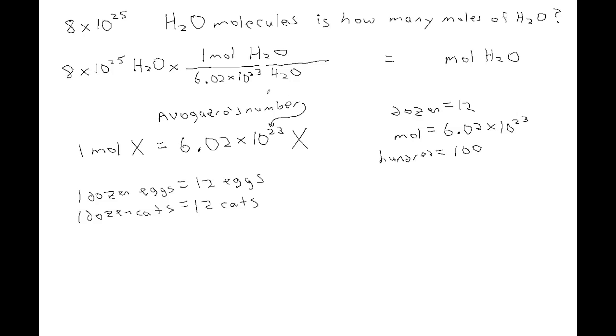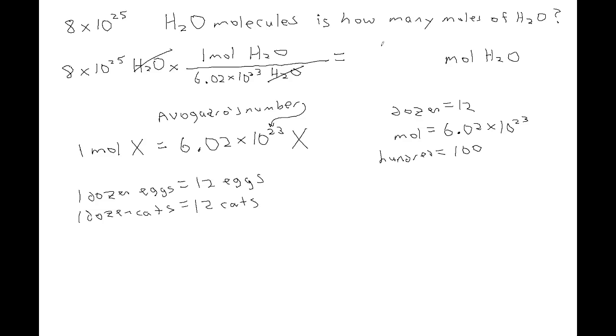How did you know to write the conversion ratio this way? Because now the units will cancel the way we want, and we'll get moles as our answer, which is what we want. So now what's the calculation we have to do to find the answer? It's going to be 8 times 10 to the 25th divided by 6 times 10 to the 23rd.